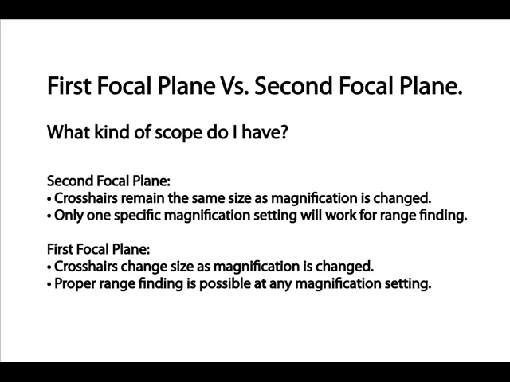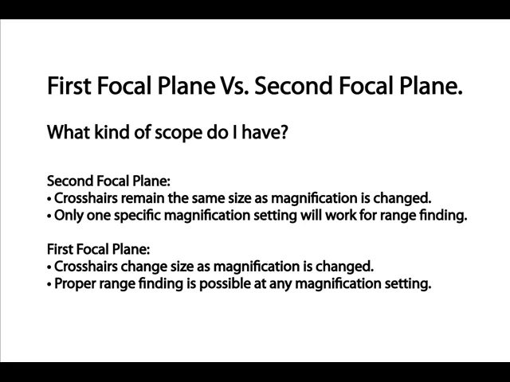So that mil dot reticle is only going to work at a specific magnification with a second focal plane scope. Now with the first focal plane scope, when you change the magnification setting, you're going to notice that the mil dot reticle changes size along with the magnification as you turn the knob.